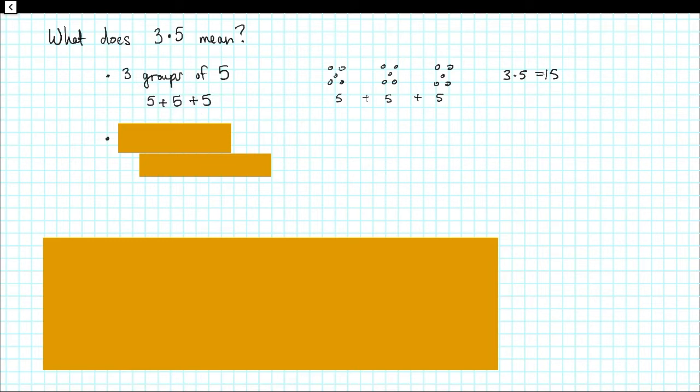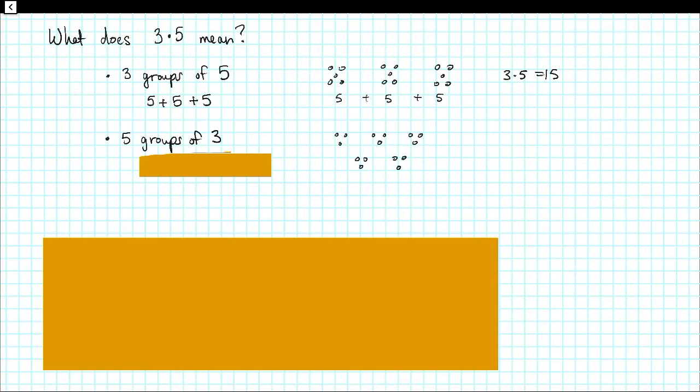Now another way to see 3 times 5 is not as 3 groups of 5, but as 5 groups of 3. Right? So here's 1, 2, 3, 4, 5 groups of 3.